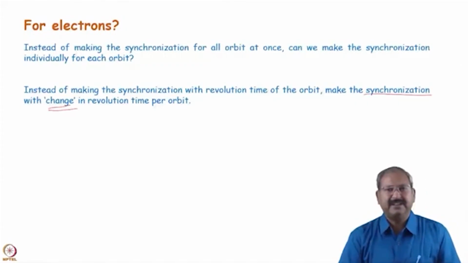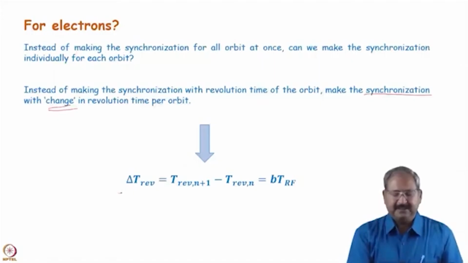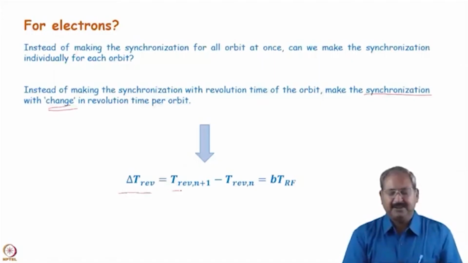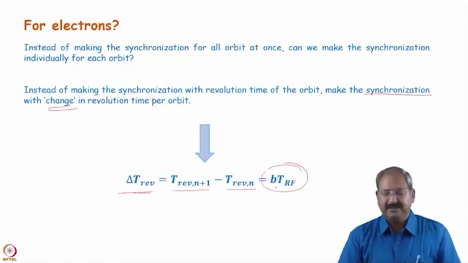Means what is the delta t if the particle goes from the nth orbit to the n+1th orbit, and we synchronize the RF frequency with this delta t. We calculate the revolution time in the n+1th orbit minus the revolution time in the nth orbit, and make it synchronize with the RF field. So this delta T revolution is b T RF. b is some integer. If b is some integer, synchronization will be there.